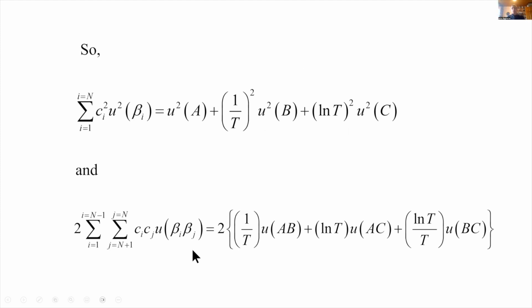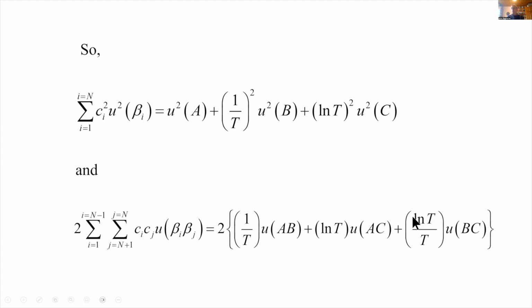And when we come down to the covariances, we now have the differential with respect to a, which is 1, times the differential with respect to b, which is 1 upon t, and then the covariance of a and b. The same here, the differential with respect to a multiplied by the differential with respect to c times the covariance of a and c.